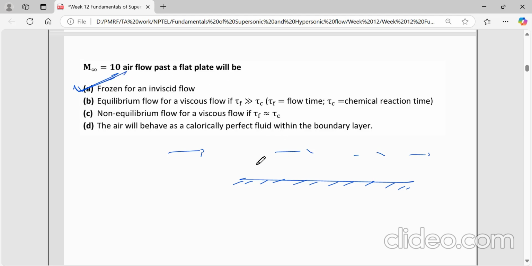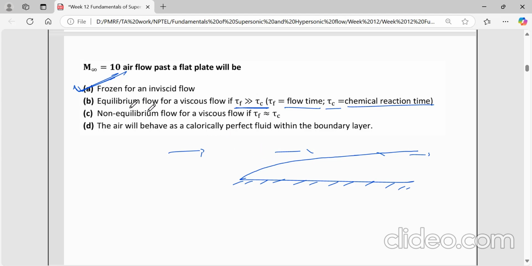Now let's say viscous flow is there. Then for the viscous flow there will be a boundary layer. And if tau f is greater than tau c, it means the flow time is very much greater than tau c, the chemical reaction time. That means the flow will reach equilibrium flow.